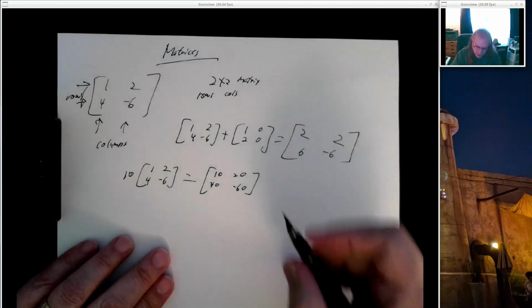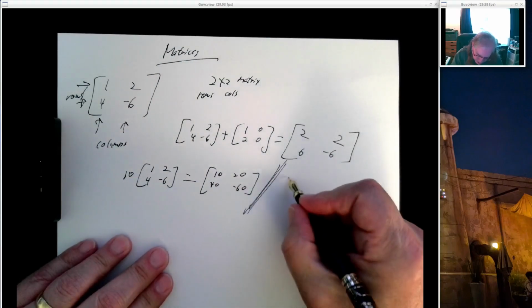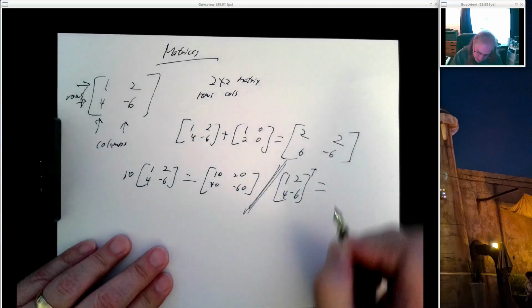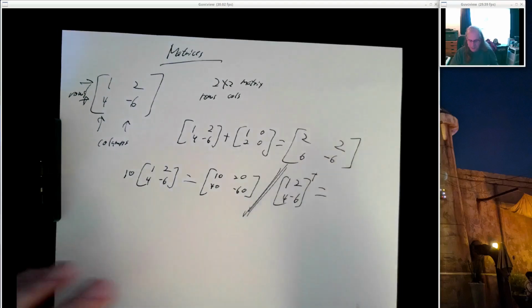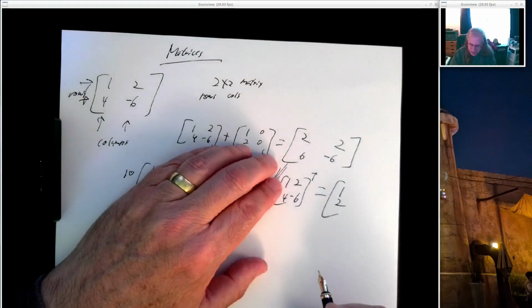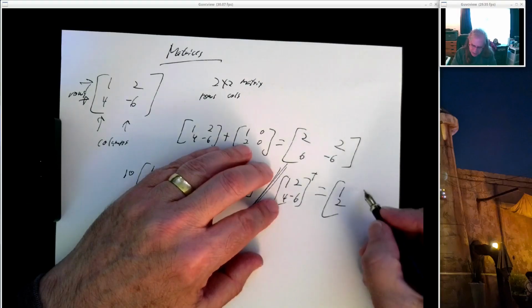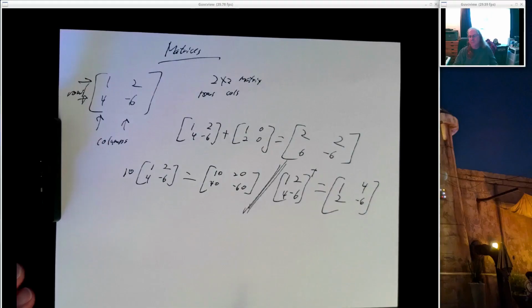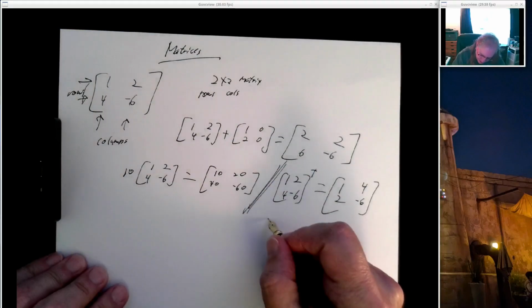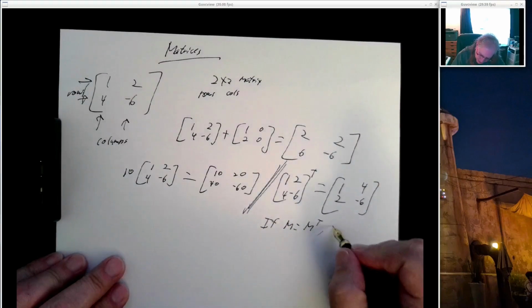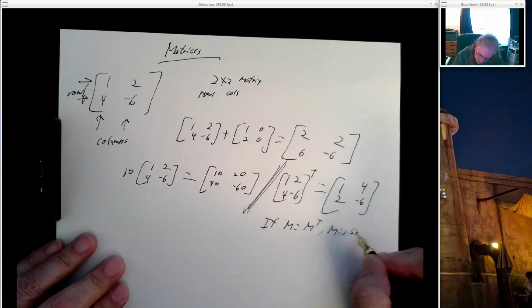We can transpose a matrix. So if I take 1, 2, 4, negative 6, and I transpose it, it just means swap the rows and columns. So my first row is 1, 2, that becomes my first column. My second row is 4, negative 6, that becomes my second column. And if M is the same thing as its transpose, then we say M is symmetric.